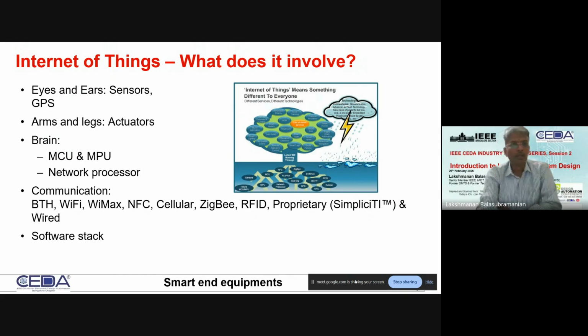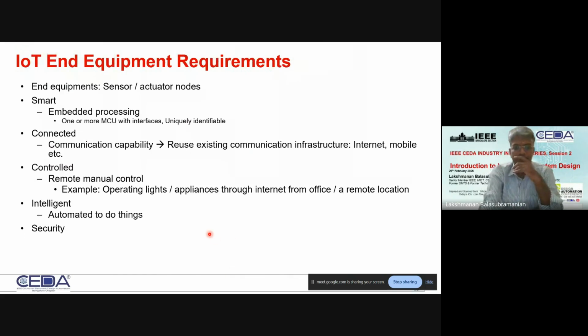Okay. So here, what are the high-level end equipment requirements? When I talk about end equipments here, these are edge equipments or end equipments, not really the hub or the server side or cloud side of things. It's really the end equipments that the end user or consumer is handling.